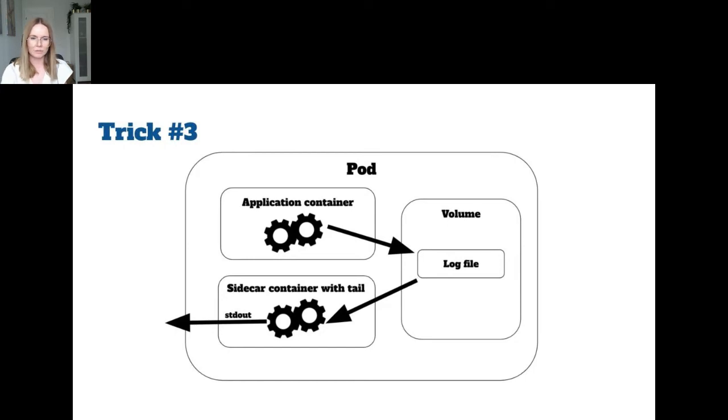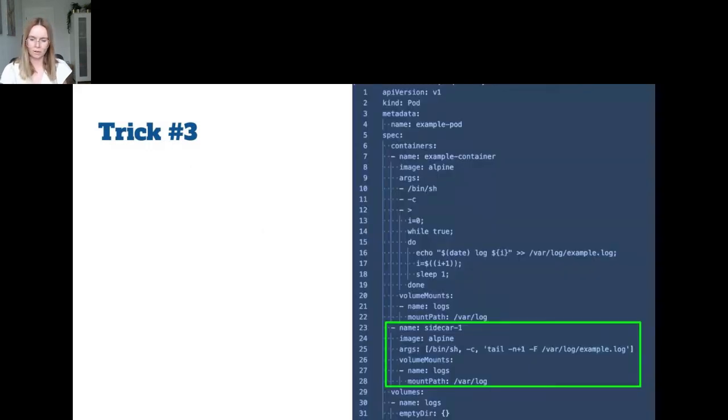So a sidecar container must be added to the pod. Because tail reads the log file in the container, logs are available on standard output and also in the standard location. For example, logs are available in the var containers directory, so we can read these logs using the standard logging pipeline.